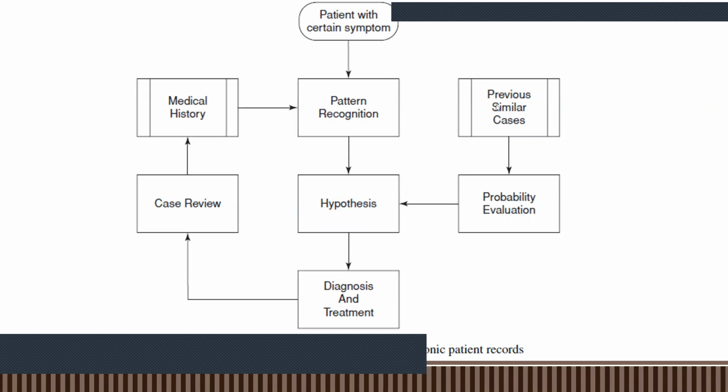Then previous similar cases are consulted and a probability is evaluated of how likely it is that the patient has this problem or not. Then the diagnosis and treatment is suggested and reviewed, because always remember that there is no automated suggestion to the patient.